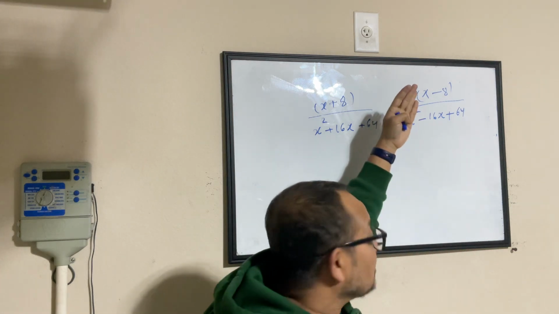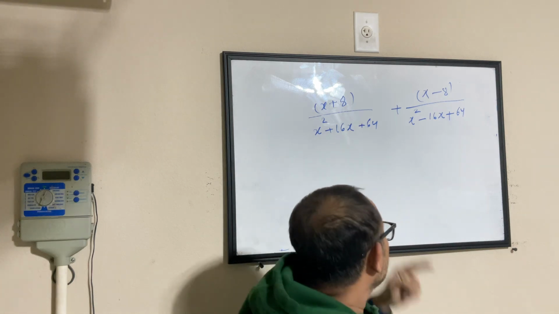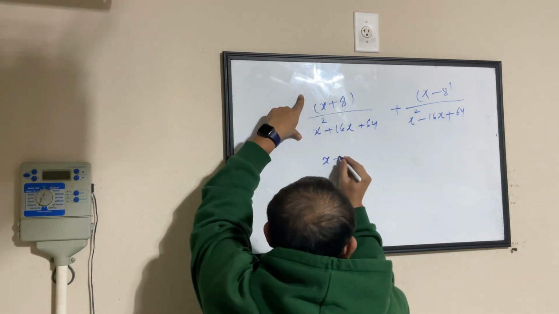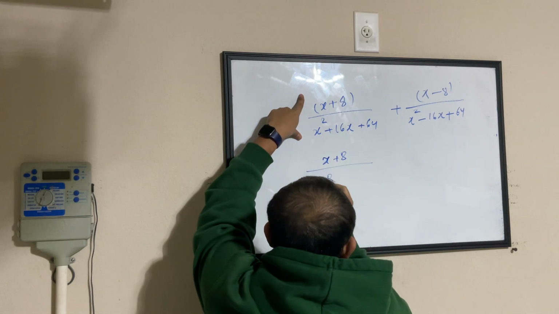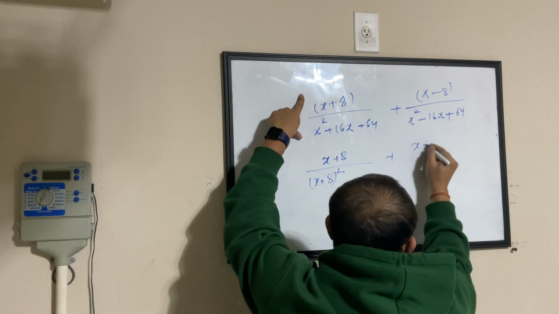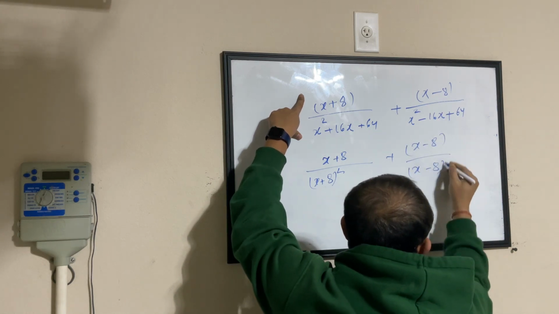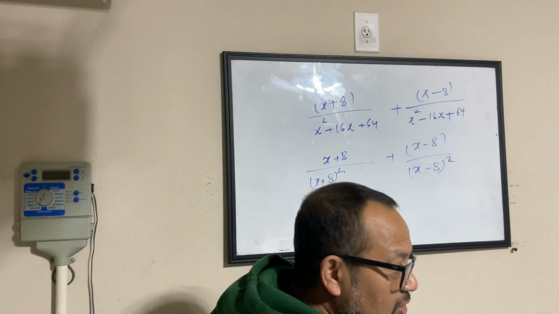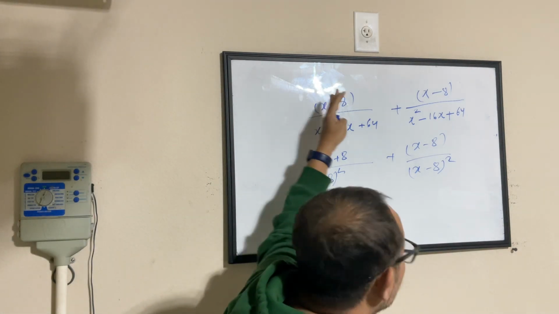But that is going to take a lot of your time. Your first attempt would be, do I have a way to simplify it? Here when you look at this, this is x plus 8, and this part is x plus 8 whole square, plus this is x minus 8 divided by x minus 8 whole square. Why do you want to burn so much energy solving this problem going the complex route?